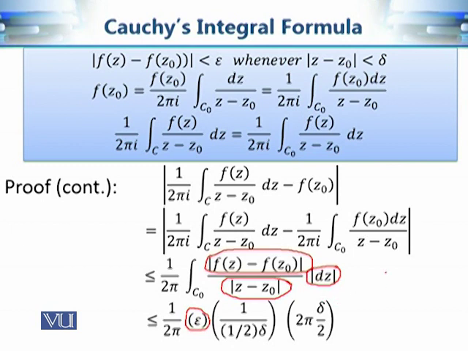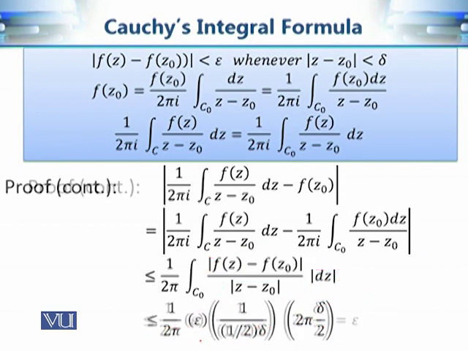In other words, when we calculate the integral over C naught of mod dz, we get the circumference of the circle, which is 2 pi r, and in this case the radius is delta by 2, so we get 2 pi delta by 2. Using some cancellations, this delta will cancel out with this delta, this 2 with this 2, this 2 with this 2, and this pi with this pi.